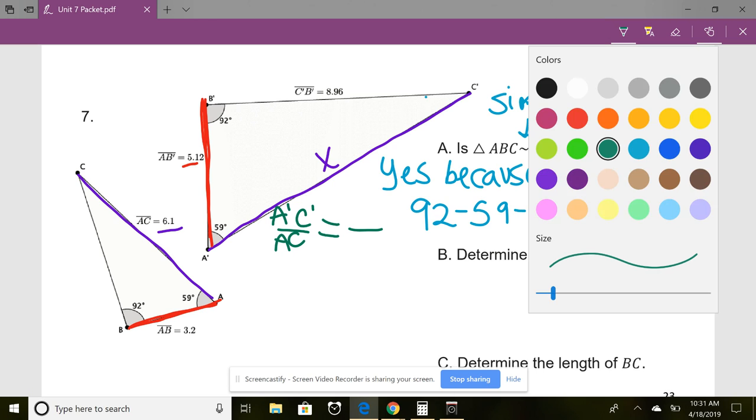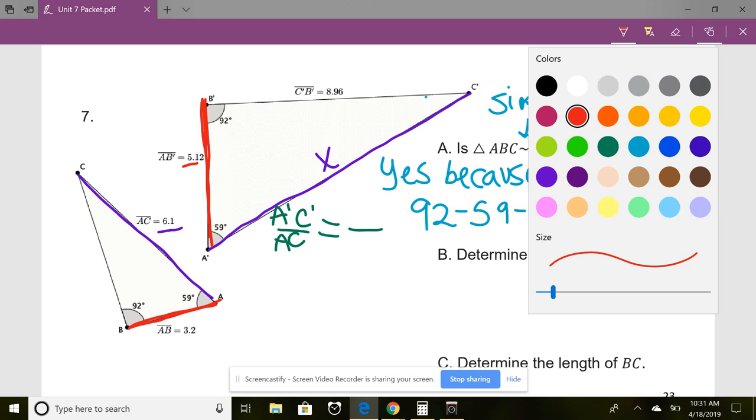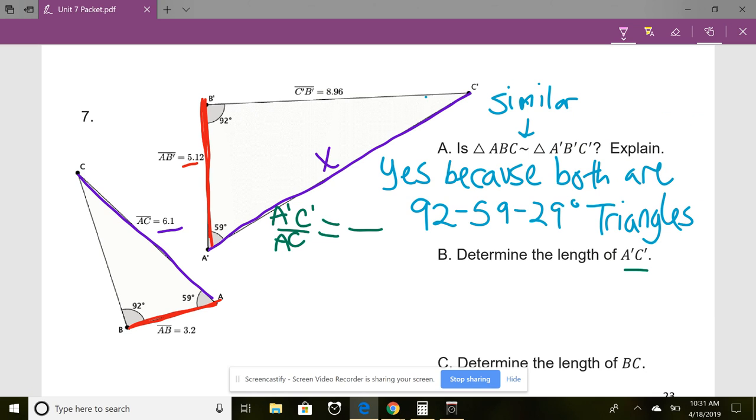Now remember our other pair of similar sides that they give us. It's really important that you label it correctly on the other side.